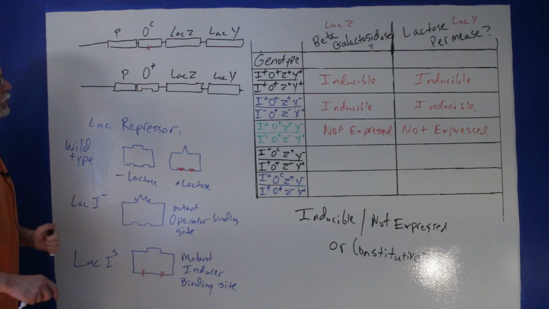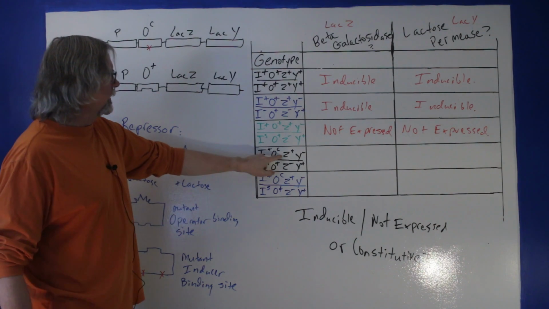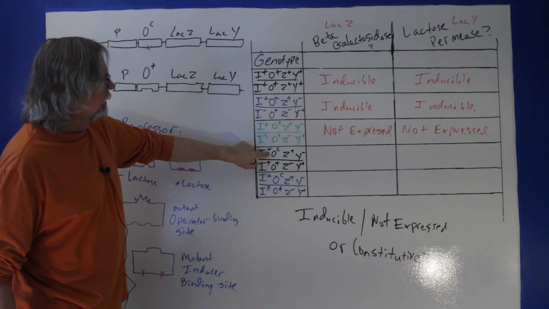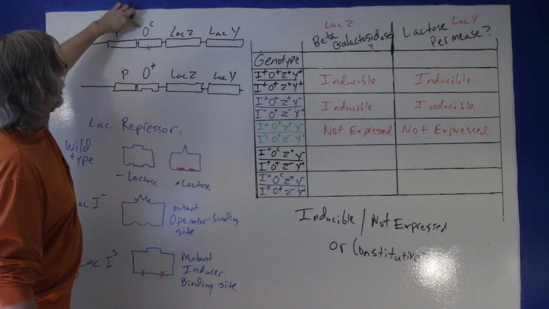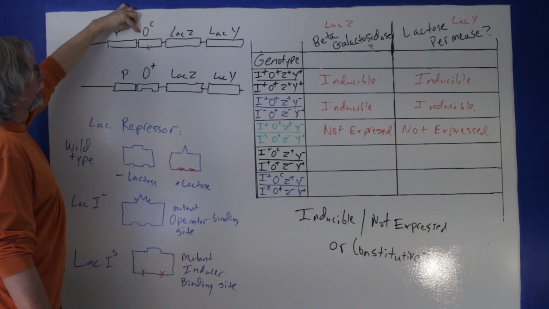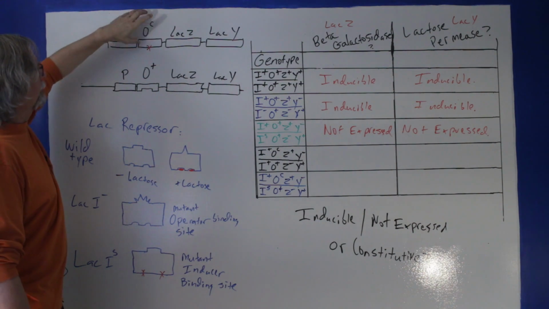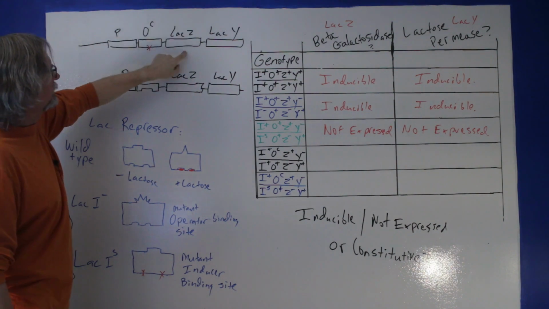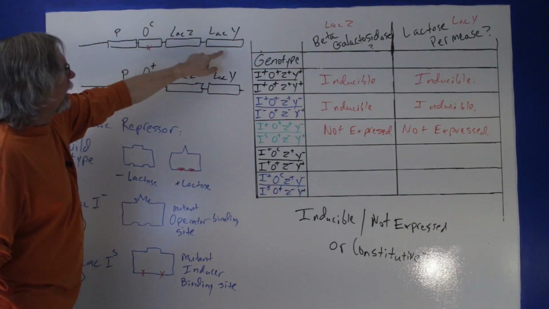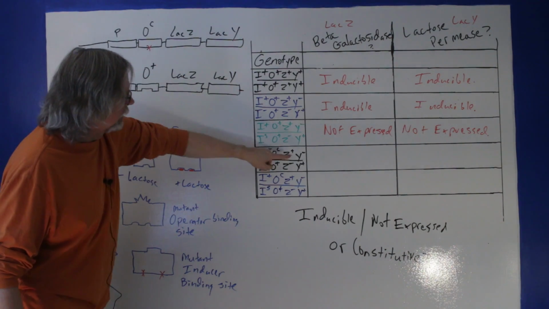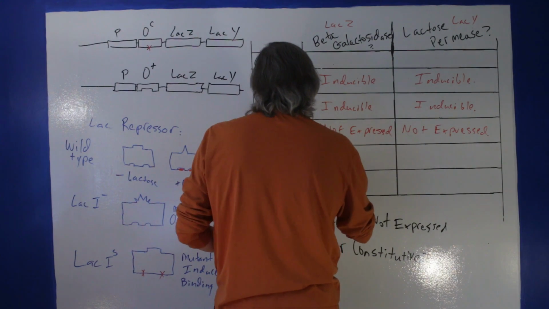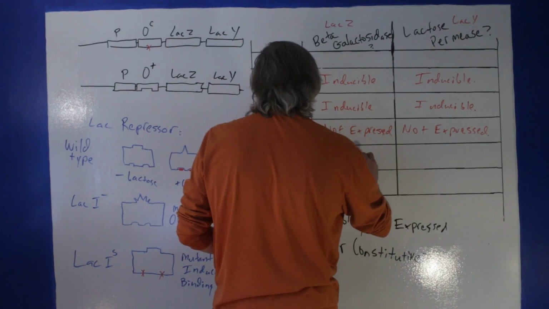So, for the situation for beta-galactosidase, the LAC-Z gene, because this is linked to the operator constitutive mutant, this operator can never bind the repressor, and so this operon can't be shut off. The LAC-Z gene, therefore, will be constitutively expressed. The LAC-Y gene on this operon is mutated. Okay, so let's hold off on that one for a minute. So for LAC-Z, constitutive expression.